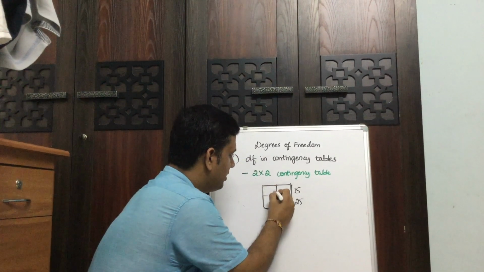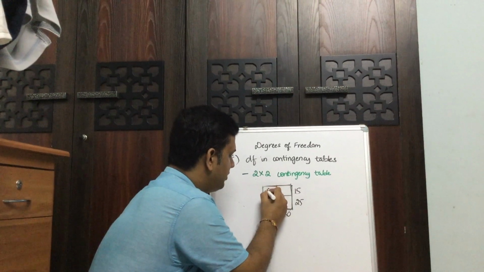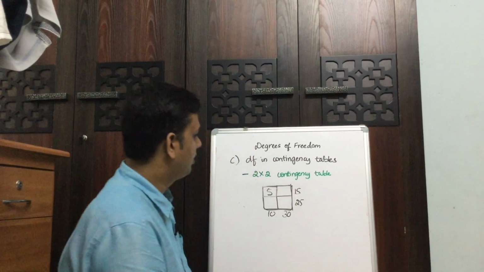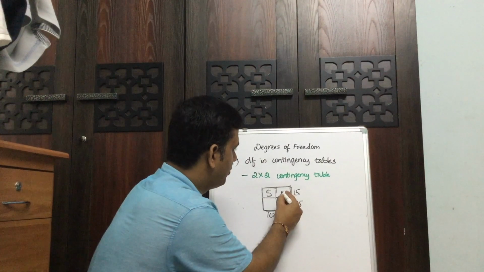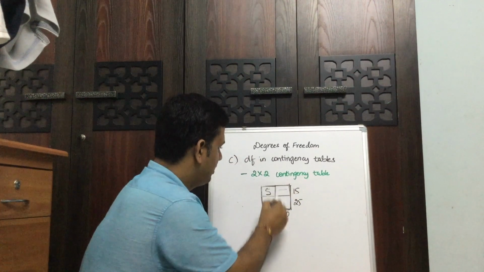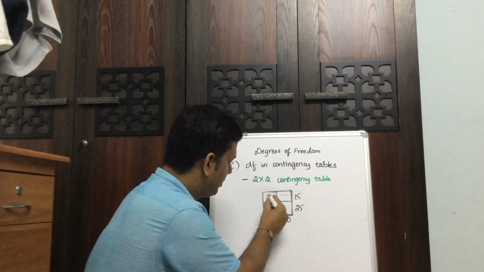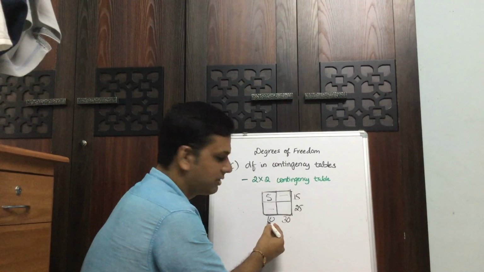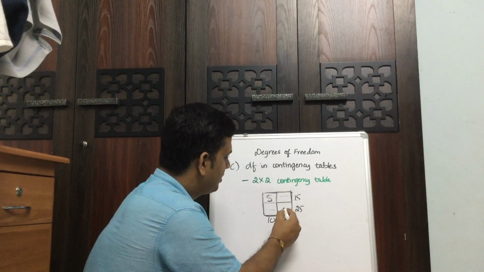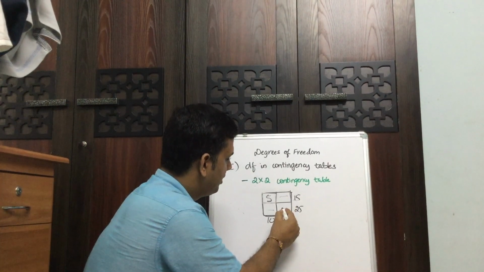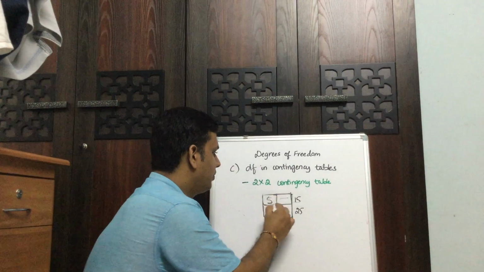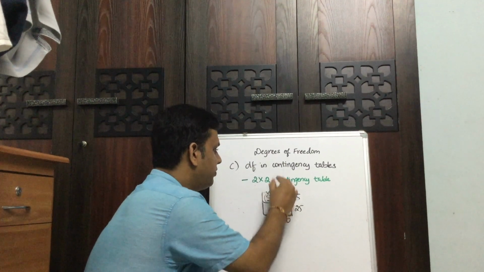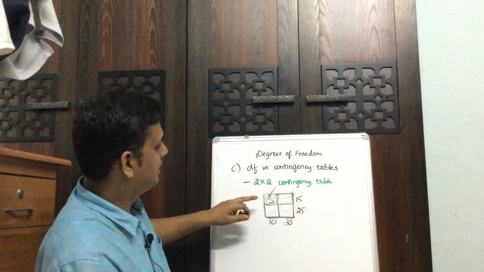The first cell, let's say I fill this with 5. Now this I have to fill with 10 only. There is no other option. Here also again I have to fill this with 5 only to make the sum 10. And this also, if I fill this with 10, again 20. So we are free to fill only one cell here.